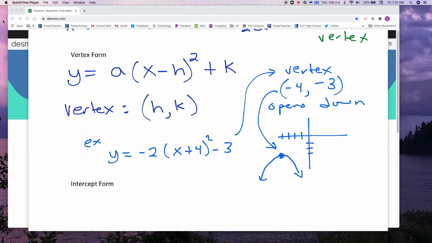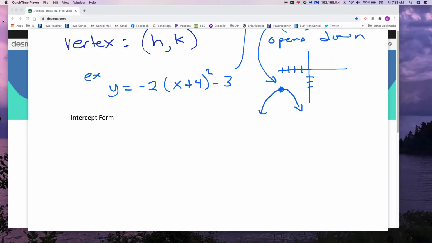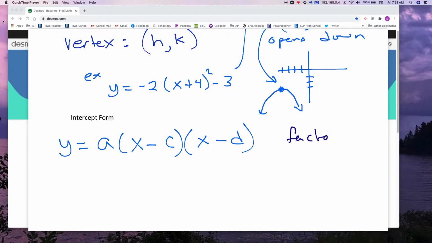The final one that we're going to talk about is intercept form. And that's if you get an equation written like this. Use different letters. If you have an equation written something like this, so it's factored. Boy, that doesn't even look like I wrote factored. So let me write that again.